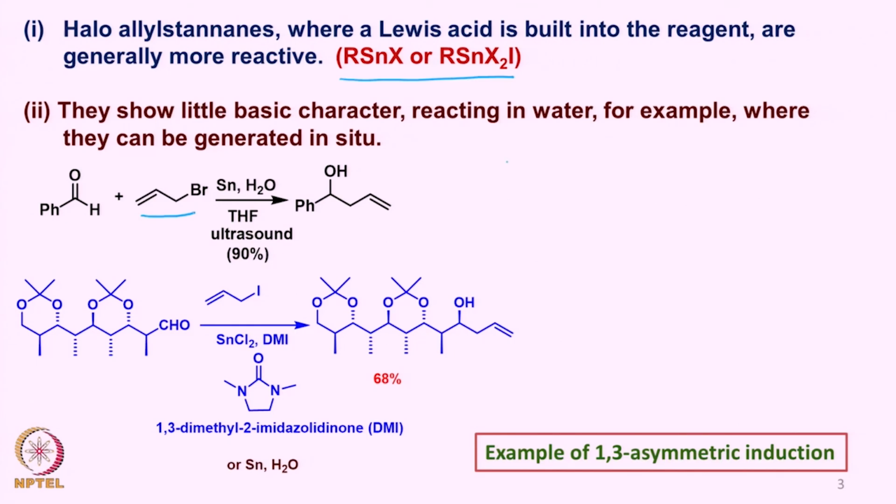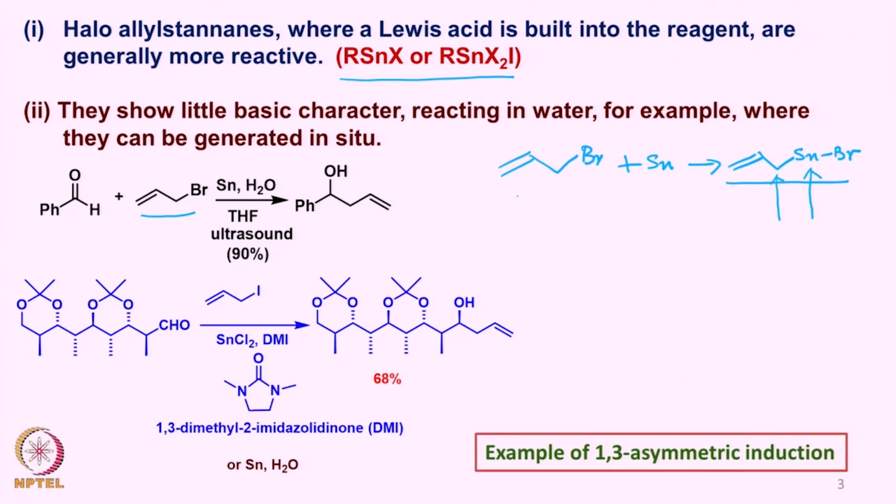If we take an allyl bromide, it can be expected that it reacts with say tin and forms an intermediate of this type, where there is an oxidative addition, and this is the one that acts as a kind of inbuilt Lewis acid as well as the allyl transfer reagent. So, there is an allyl transfer from here, and of course, you have a kind of Lewis acidity associated with this particular part of the reagent.